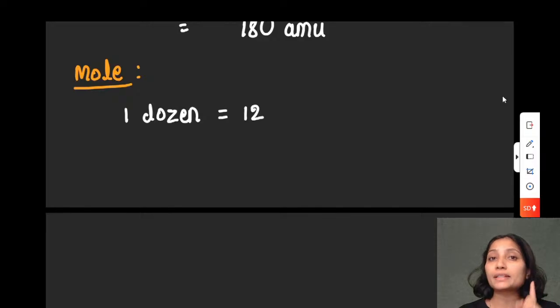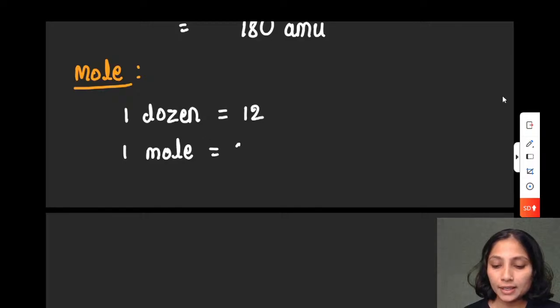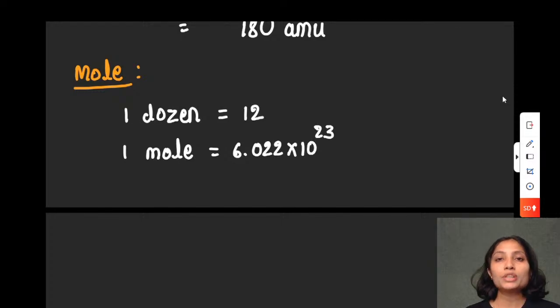A dozen always represents how much? 12. In the same way, whenever we refer to 1 mole, it represents 6.022 into 10 power 23. 1 mole is equal to 6.022 into 10 power 23.